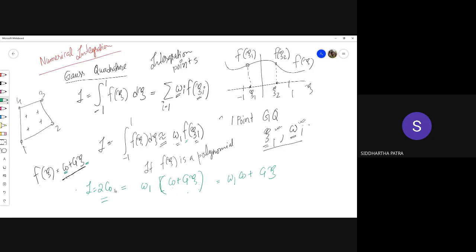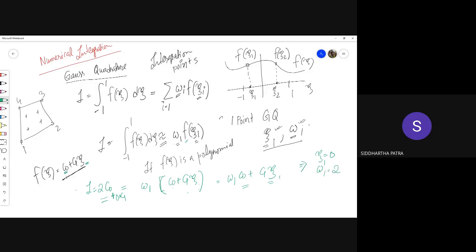Now from left and right, we'll compare the coefficients of C0 and C1. I can write this as 0 times C1, which will tell us that xi should be 0 and W1 should be 2.